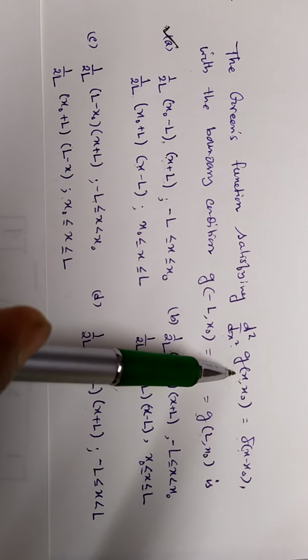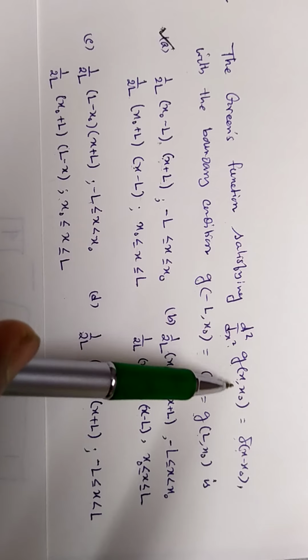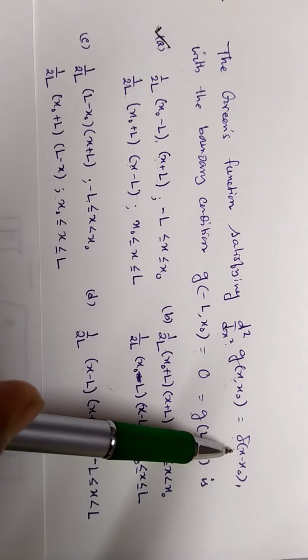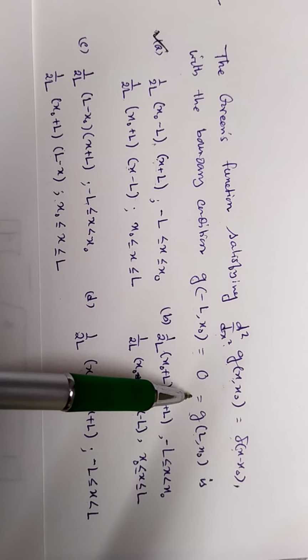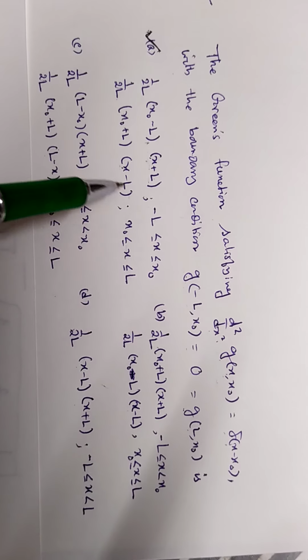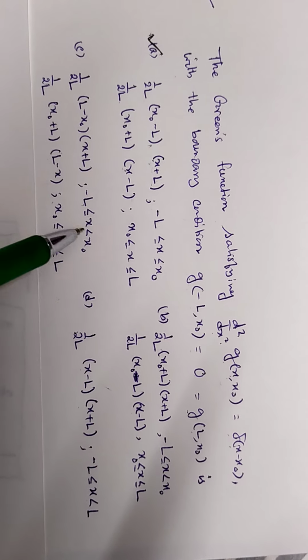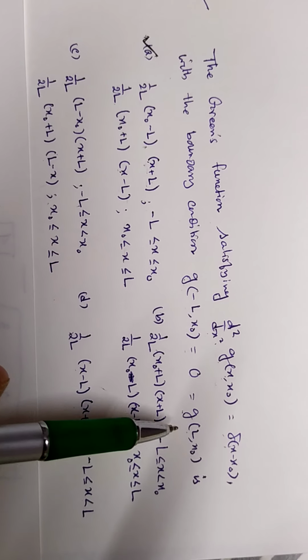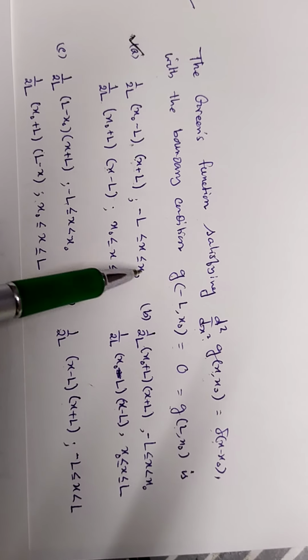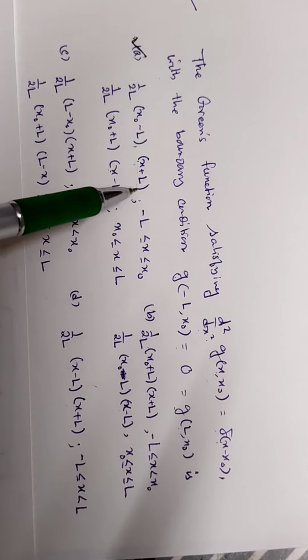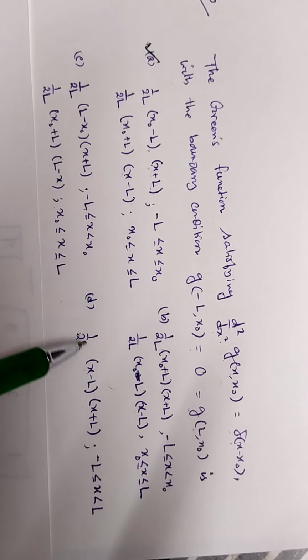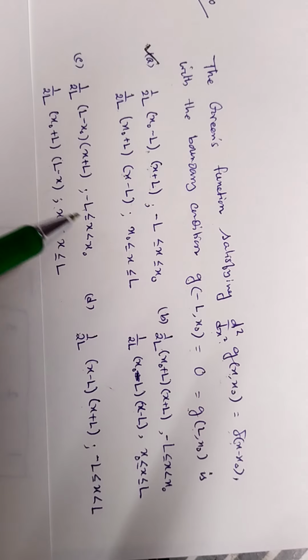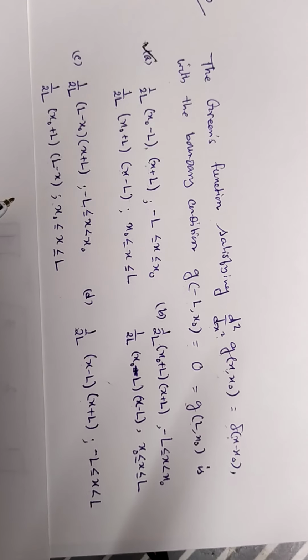The property is such that if you take the double derivative of the function, it will give you a delta function, right? With the boundary conditions given. First check if any of these does not obey this boundary condition, then you can discard that. But if you look at it properly, you will see that these boundary conditions are satisfied in all four possible choices of the Green's function that they have given.